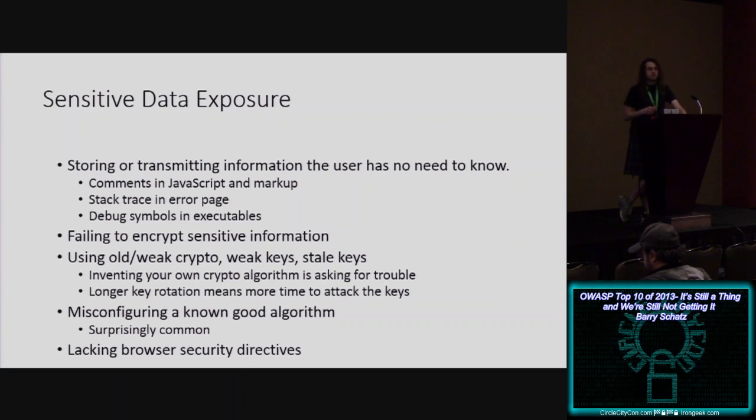And this gives them ammunition that you really don't want them to have. So this is still kind of important. Similarly, debug symbols in your executables. Granted, I'm talking mostly about web applications, but it's still kind of a thing of disclosing sensitive information that you maybe don't want to just hand out.